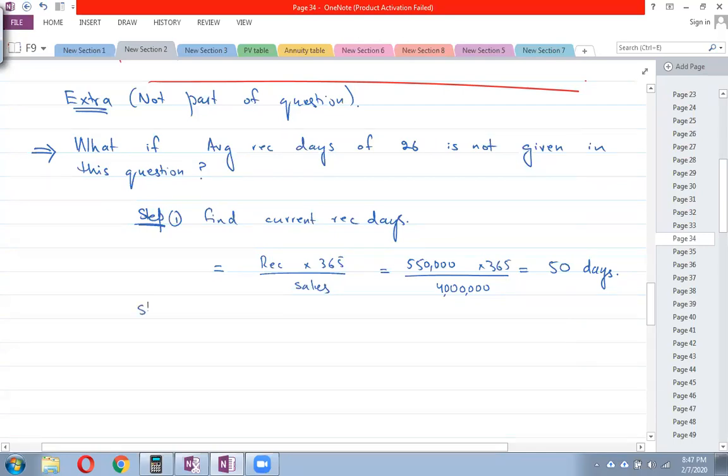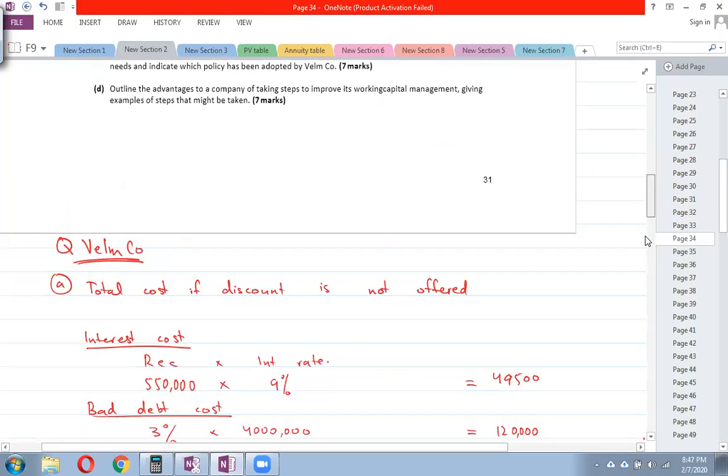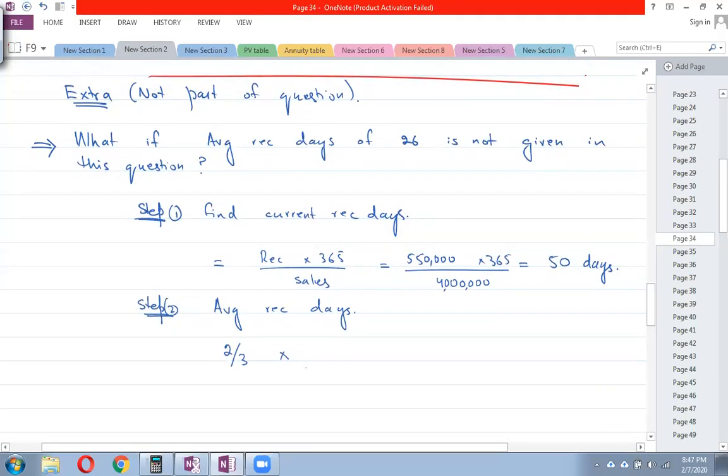Now step number two, average receivable days. We want to see, do we get 26 average receivable days if we calculate it on our own? Now, two-thirds of the customers are taking the discount and they are going to pay us in 14 days, which is about 66.67%, but I'll keep it in fraction. The one-third of the customers will still pay us in 50 days.